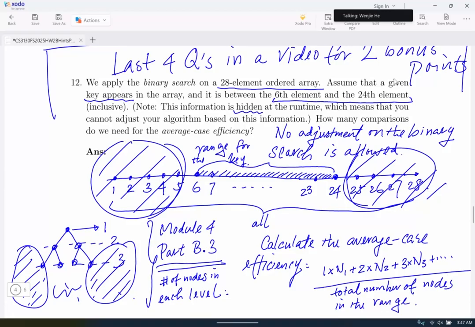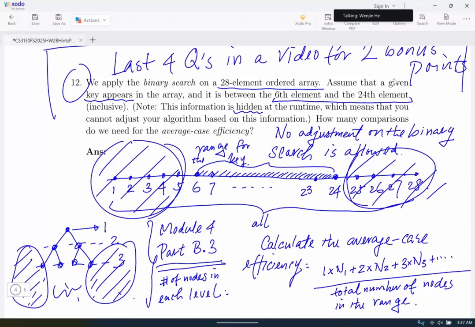That's the right way to calculate question number 12. Follow this guideline closely and do your calculation carefully, then you won't miss it.